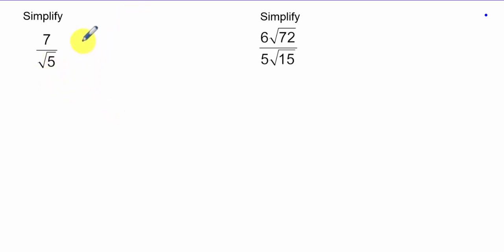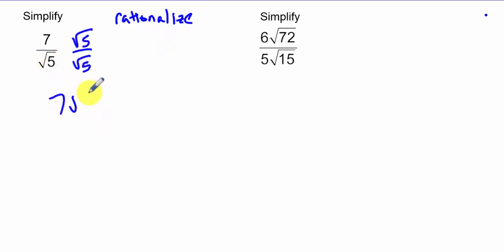In order to simplify it, we have to multiply it by a form of 1, because by the identity property, we'll get the same value out that gets rid of this radical here. So what we do is multiply by root 5 over root 5, which is called rationalizing. We're rationalizing the denominator by a form of 1.